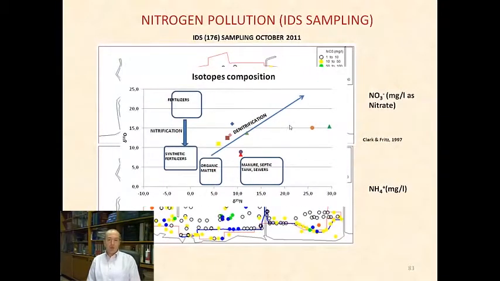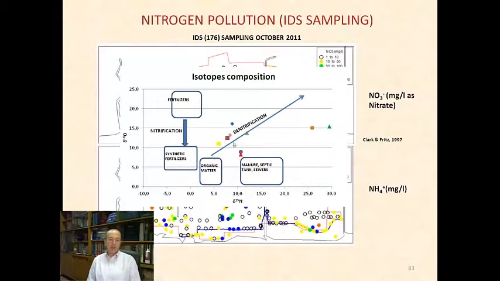As you know, there are some graphs that can help us to identify the source of nitrogen compounds, and this is a very famous graph you probably saw before, and you can see that there is a field for synthetic fertilizer, which are produced in this area, in this plant, and of course organic matter and manure, septic tanks and sewers fields.